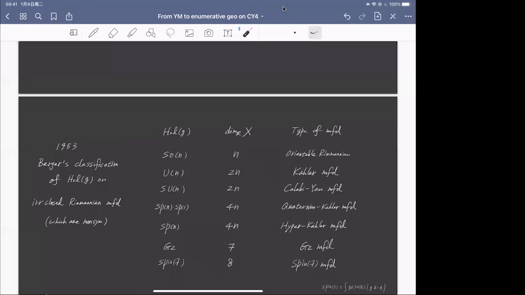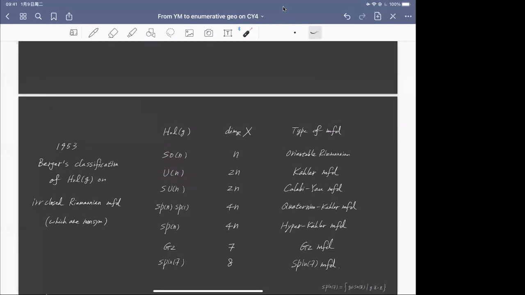If you do this in a family, this gives a holonomy group. Now a Riemannian manifold with holonomy group in SO(n) has dimension n, and this type of manifold is called an orientable Riemannian manifold.